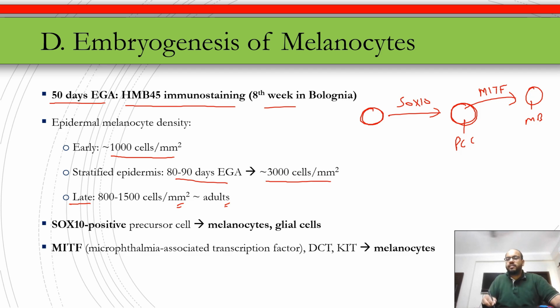If this activation doesn't happen, for example with a SOX9 or some other kind of mutation, then it will lead to a glial cell. MITF is a very important gene that regulates melanocytes, and we have covered it in great detail in the video on melanogenesis. So go and look at that, and you'll be able to understand what exactly is happening here. Let's move forward.